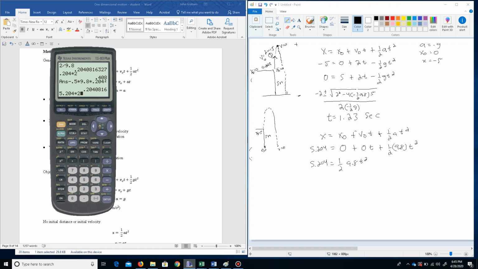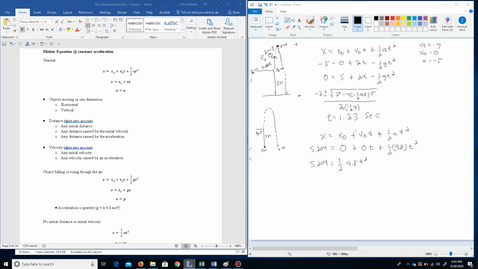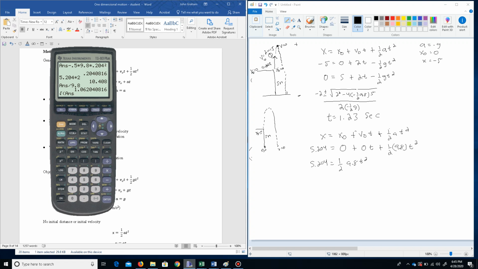So times 2, divide by 9.8, and then we take the square root. Now you get 1.03. So time is equal to 1.03.